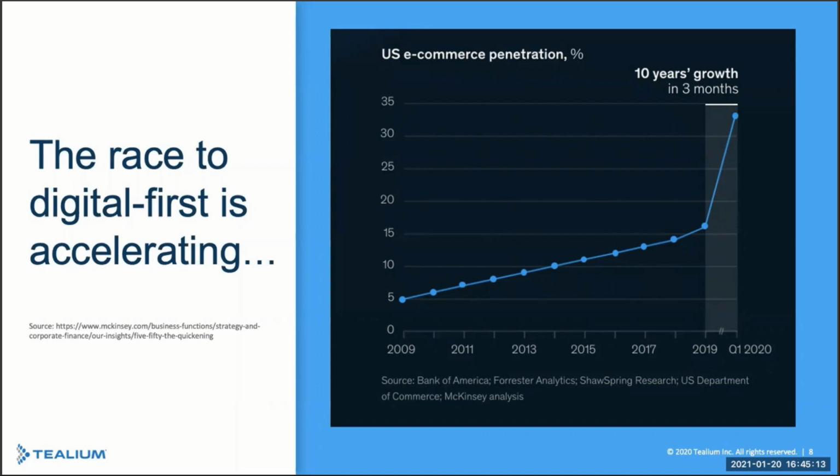And then towards the beginning of Q1 last year, basically 12 months prior from today, a huge amount of e-commerce growth, 10 years' worth of growth in 3 months, occurred because of the shift of the COVID-19 pandemic. And again, going back to that what-if that occurred.